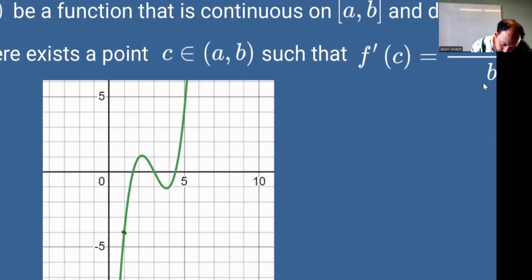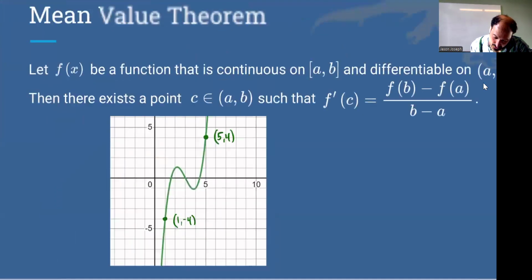So I'm going to say that's a point I can recognize, and that's a point I can recognize. So this is like 1, negative 4 and 5, 4. So I'm going to investigate the interval 1 comma 5.